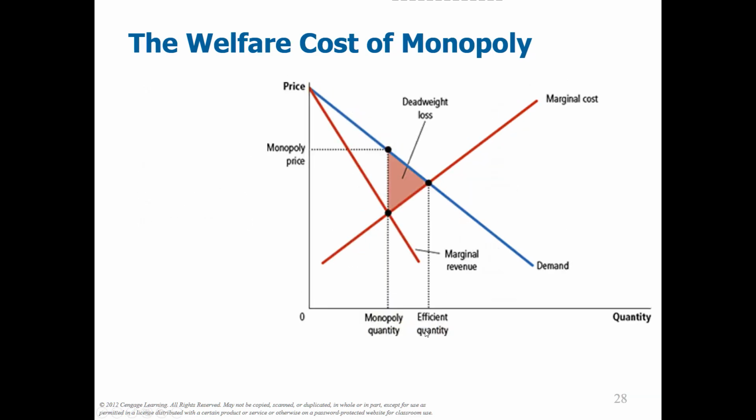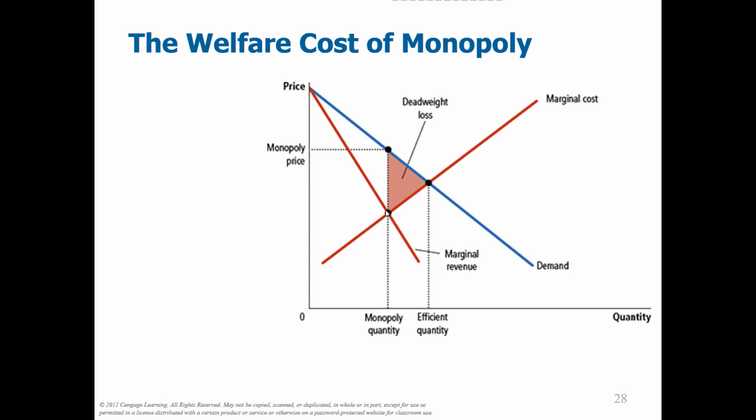When you have a monopoly that we're studying this chapter, this is marginal cost and marginal revenue is always below the demand curve. So the monopoly quantity is here, not here. Again, that will be the optimum, but that is the monopoly quantity where marginal cost equals marginal revenue, which is smaller than price.